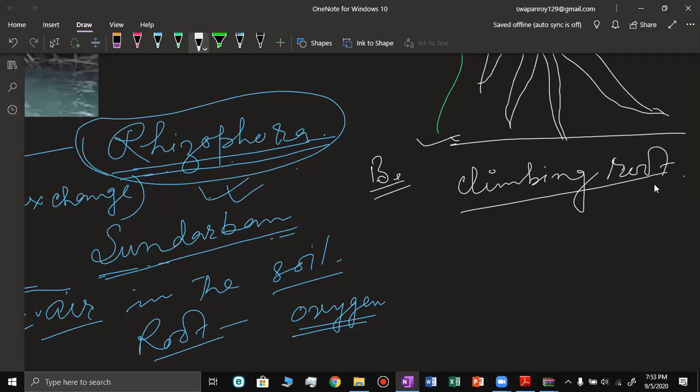They give rise to small roots which have a sticky substance, and with that it gets stuck to the substratum on which it is growing.